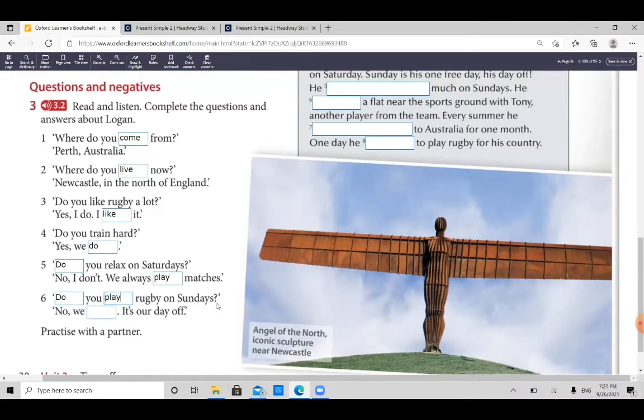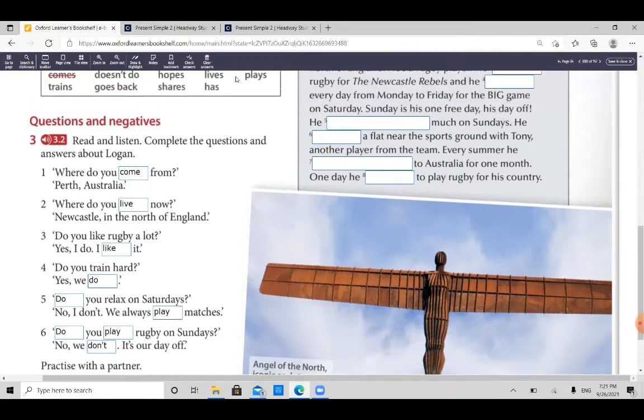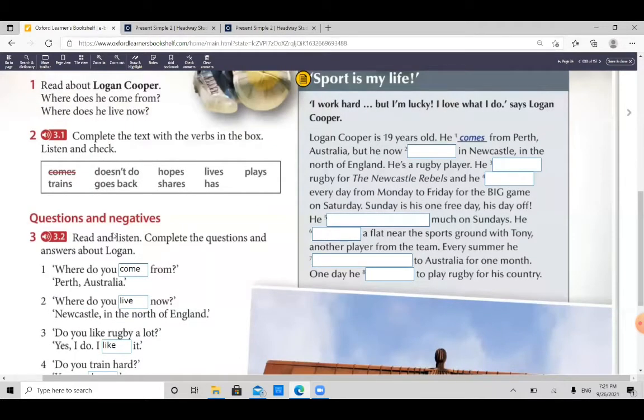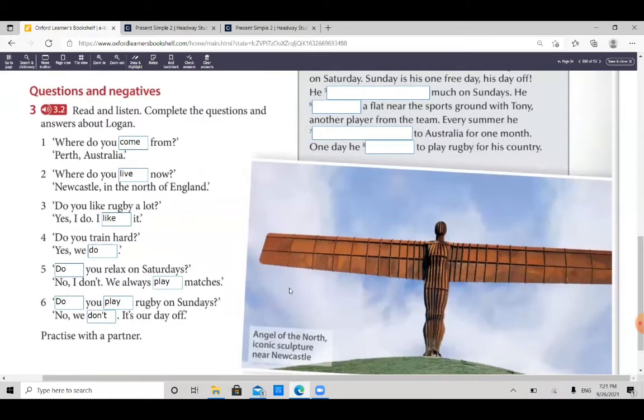So, do you play? No, you don't. It is our day off. Yes, so no, we don't. Is it clear? Yes, it's clear. Okay. So quickly, please have a look, fill in the spaces before we move to the next page.